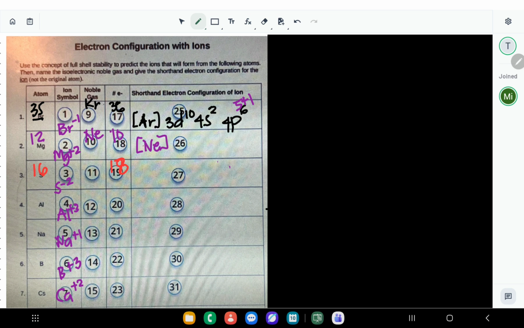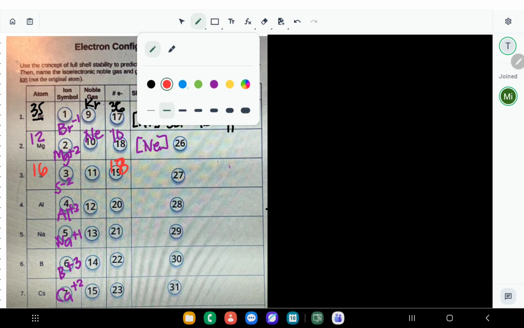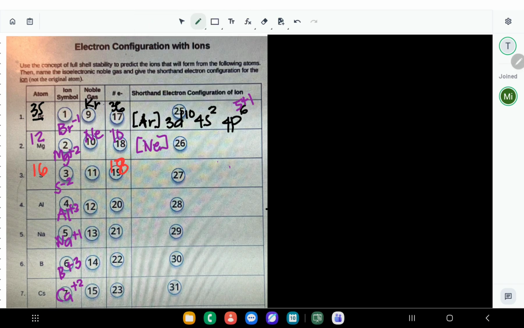Okay, so which noble gas is formed from the sulfur ion? Argon. Okay, so it's argon. The answer here is argon.